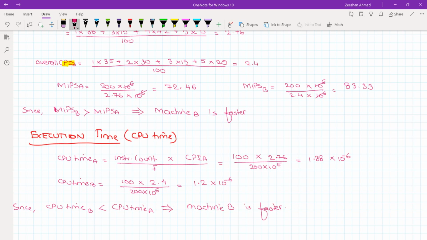And what we find from this question is that if a certain machine is faster according to MIPS, then that machine should also be faster in terms of execution time, because they are interlinked.